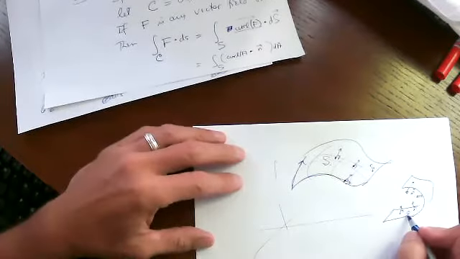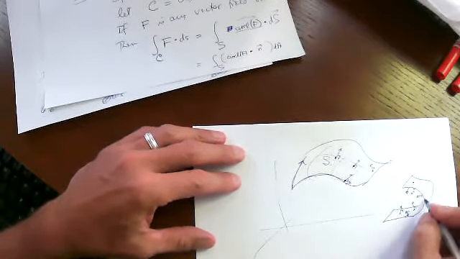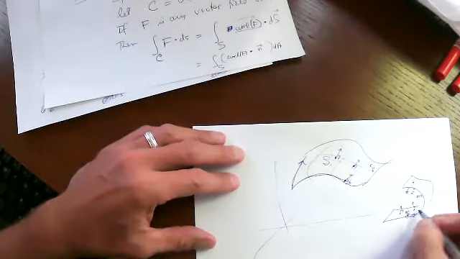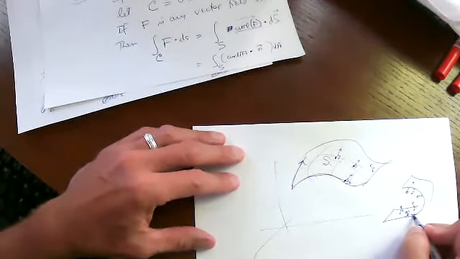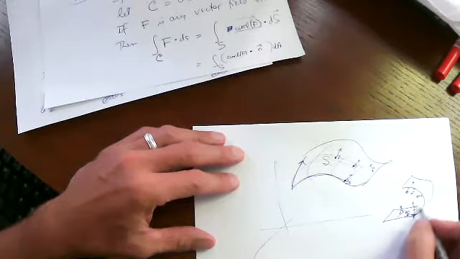As you do that, stick your left hand out. And I want your left hand to be pointing to the interior of the surface. So a person who walks along the edge this way, as if they're facing in the direction of the little arrow here, and their head is upwards, meaning the way the arrow points, then their left hand would be pointing towards the surface.